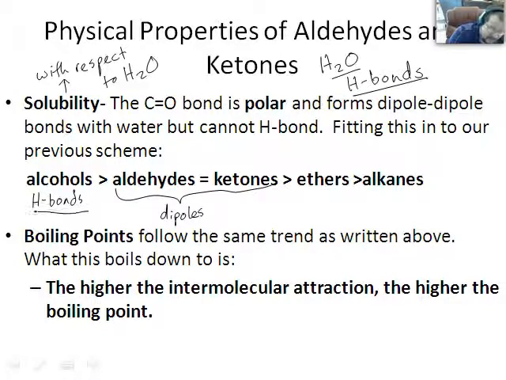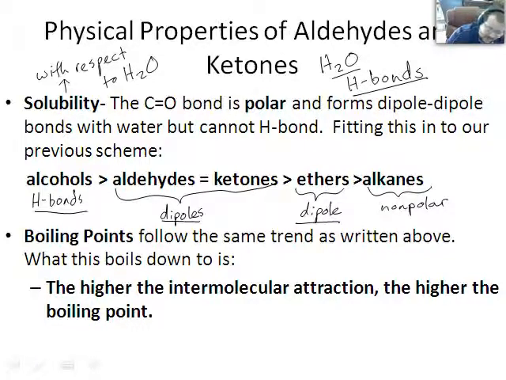So they do have that going for them because water also has a positive side and a negative side. So alcohols are the most soluble because they can H bond. Aldehydes and ketones are next up in the lineup. Ethers also have a dipole, but not as strong of one. So we're going to show them as the fourth in the list, so even less soluble. But then we get down to alkanes. And alkanes are nonpolar, just by definition. And think back what force that nonpolar molecules had.